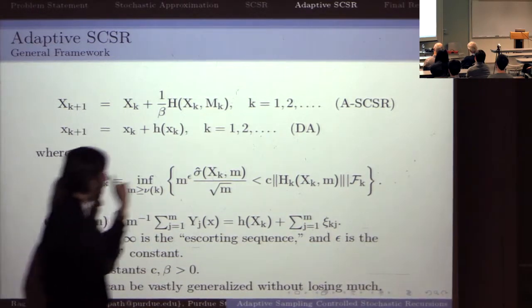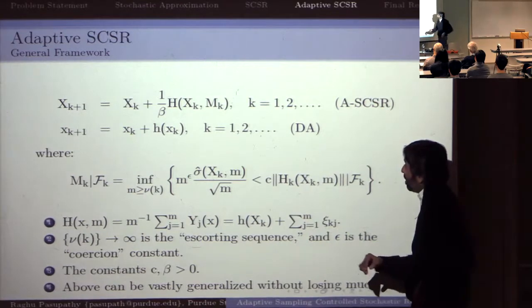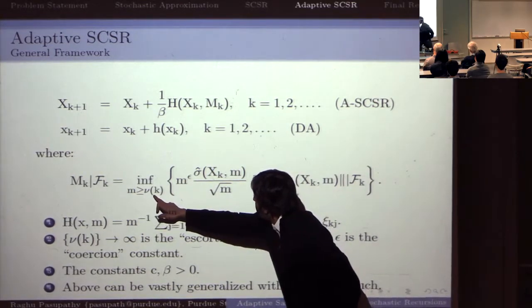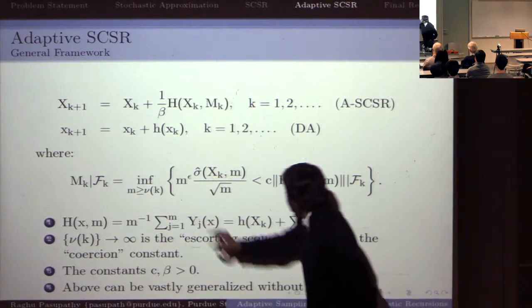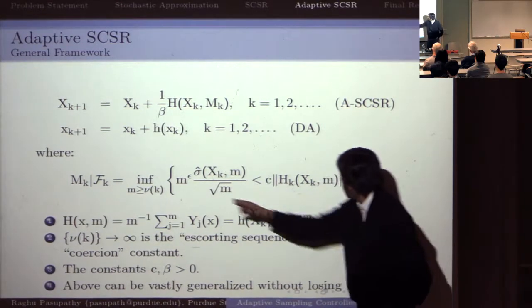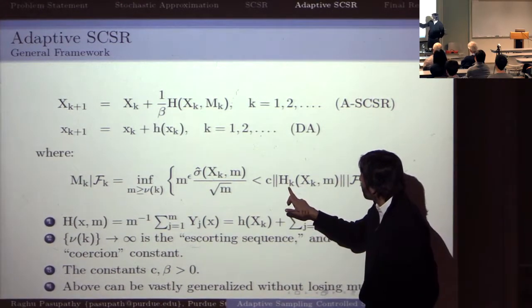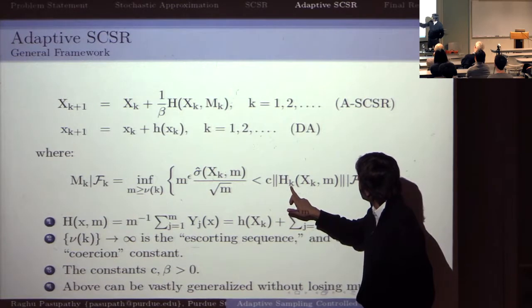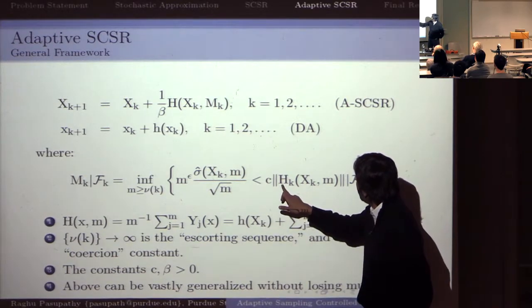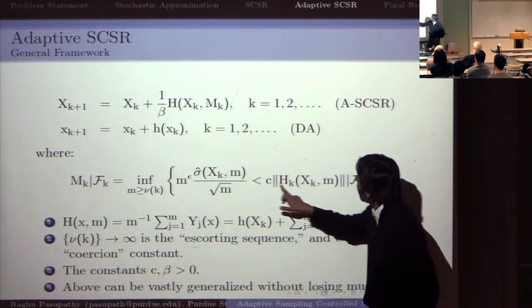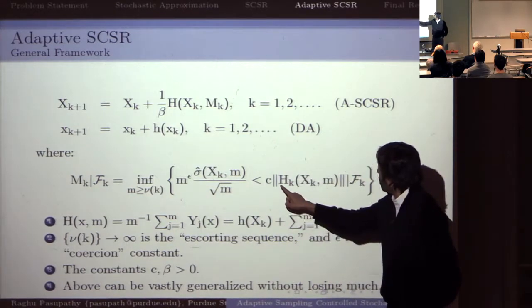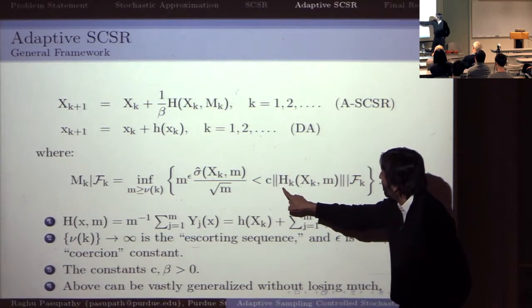So let's focus on this guy for just a little bit. Now, let's forget nu of k, m raised to power epsilon for the moment, and let's just focus on this portion. Now, h sub k, this should be just h of x_k, but h of x_k is an estimate of little h. So this is the norm corresponding to h.